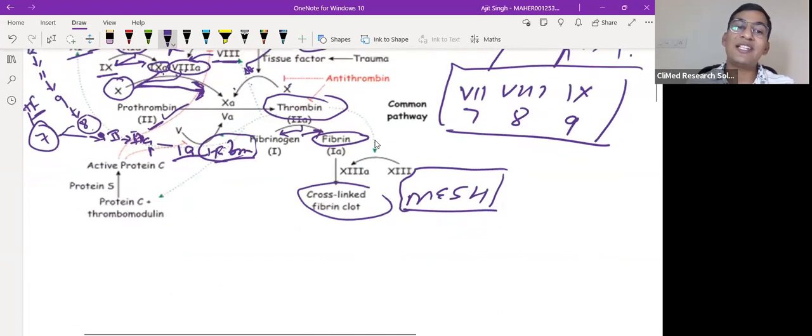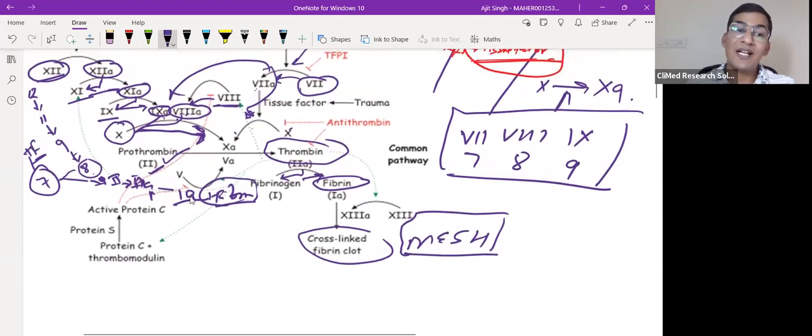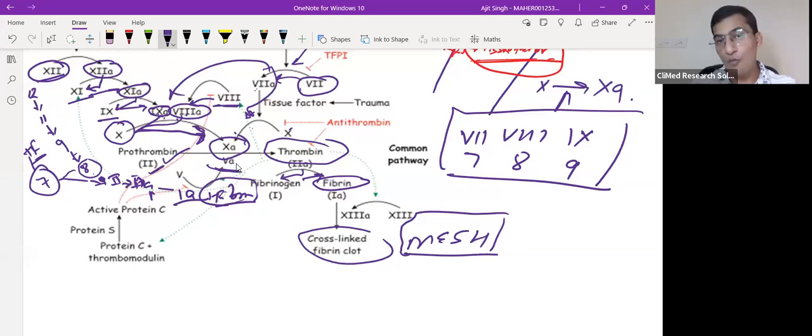Okay, and not only these, but guys, 5 also activates the second, not only the 10. Coagulation factor 5 also activates the prothrombin into thrombin, right?